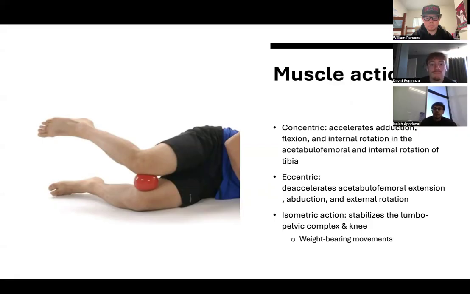And then for the eccentric movements, it helps decelerate acetabular femoral extension, abduction, and external rotation. And as for the isometric, this just helps stabilize the pelvis region along with the knee.